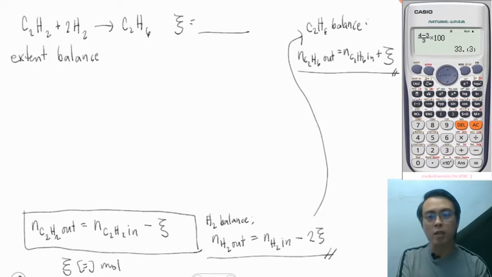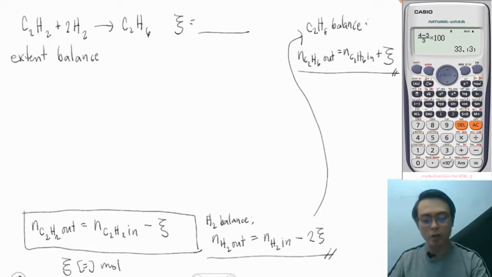And the extent is constant regardless of your balances. So the extent should be the same with your C2H2 balance. The value should also be the same with your H2 balance. It should also be the same with the C2H6 balance. In short, you only have one value for extent for every equation. If you have two equations happening in parallel, then you have two values of the extent.